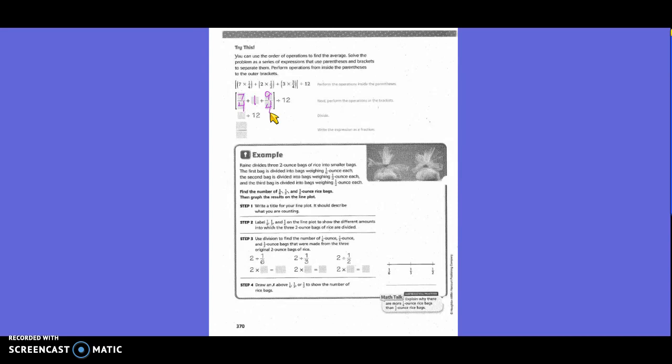And adding is in the bracket. So 7/4 plus 1 is 11/4, and then plus 9/4 is 20/4, which we know converts into 5.